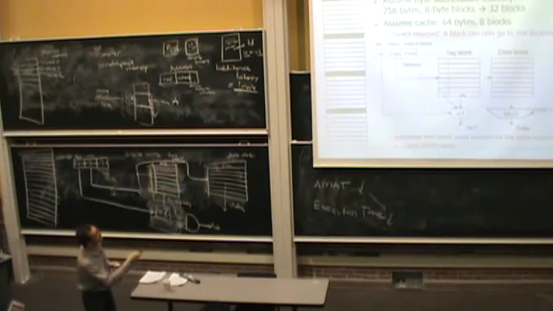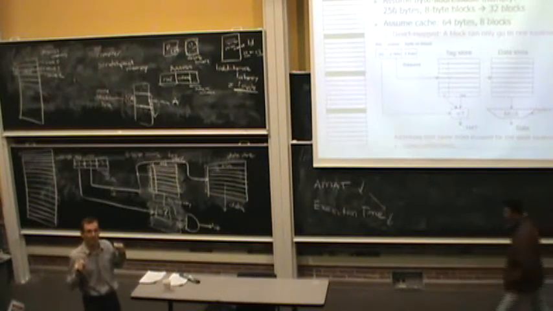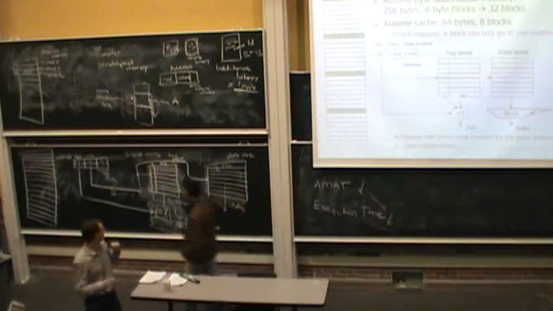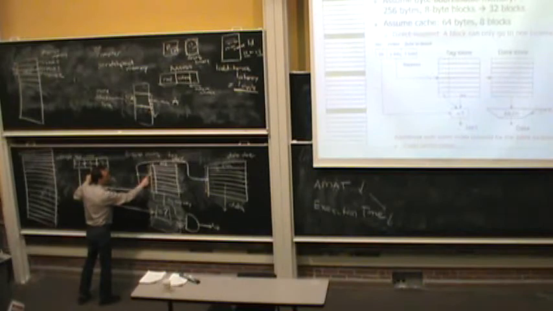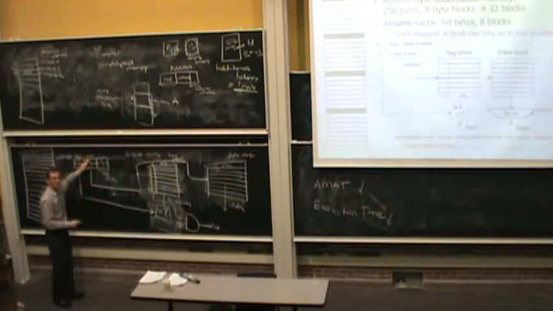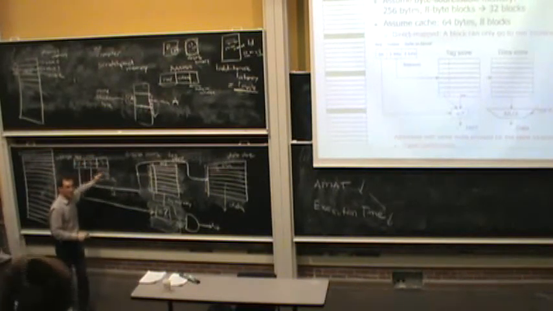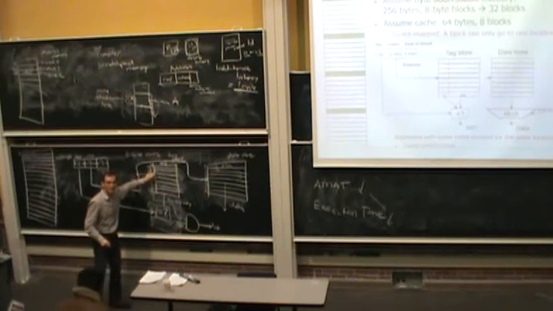You have 32 logical blocks in memory, but your cache can store only 8 blocks. And a block can go to only one location in the cache. Remember, the location a block can go in the cache is determined by these index bits. And only one block can be stored in that location.